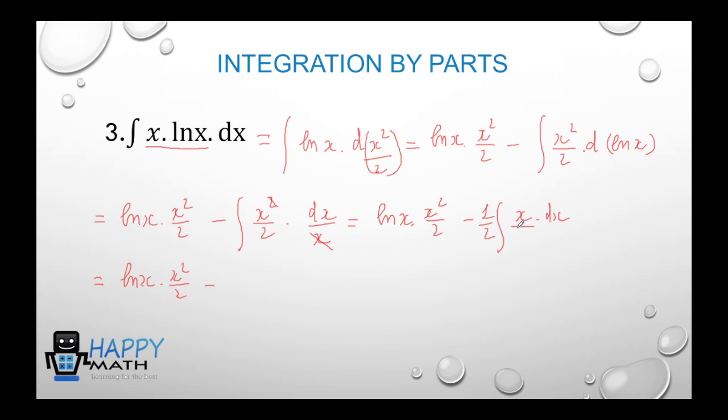Move h from outside to the inside of the derivative. This means h to the power of 2. So the main function is one over 4 of the h squared plus c.